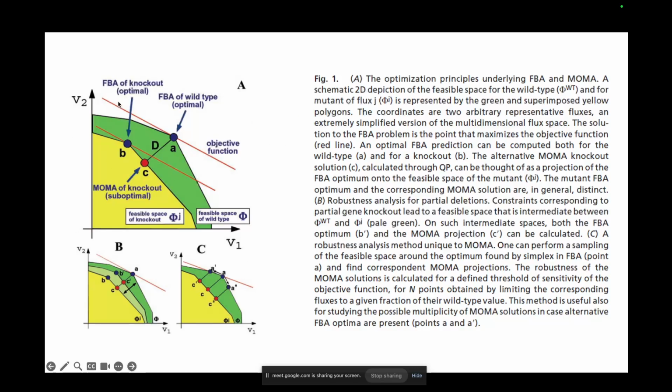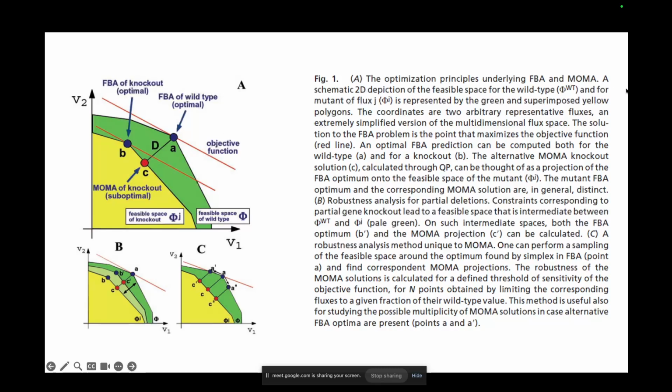This is all your solution space. This is a schematic 2D depiction of the feasible spaces for the wild type, given by phi wt, and for the mutant flux j, represented by the green and the superimposed yellow polygons. This is the feasible space for the knockout for this particular mutant, and this is the feasible solution space for your wild type.